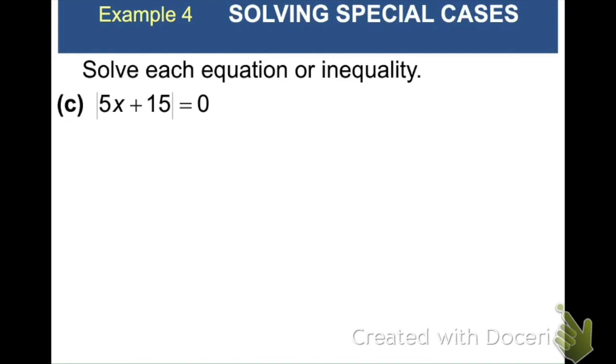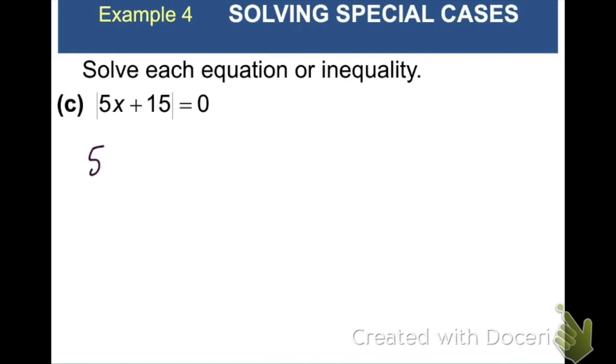The next special case that we're going to look at is anytime we have an absolute value equal to 0. Now this is like case number 1. Anytime we have an equal sign, we're going to write our equation twice. So normally we would put something like 5x plus 15 equals a positive 0, and 5x plus 15 equals a negative 0. But 0 isn't positive or negative, so we're not writing it twice.